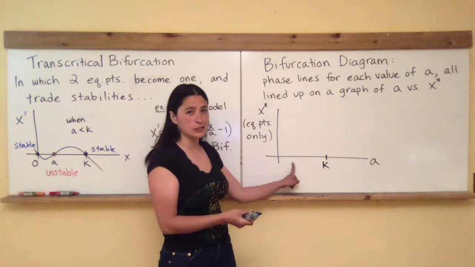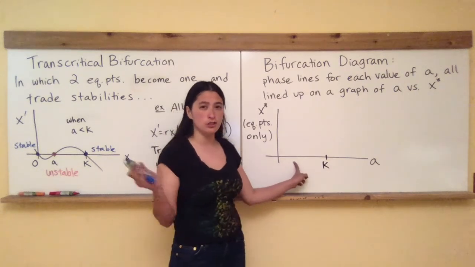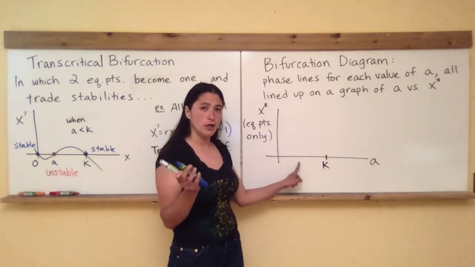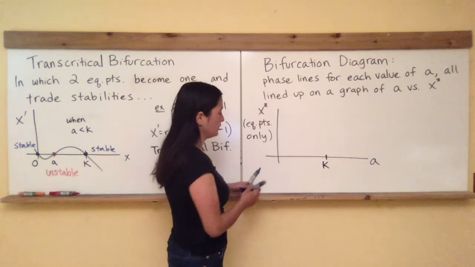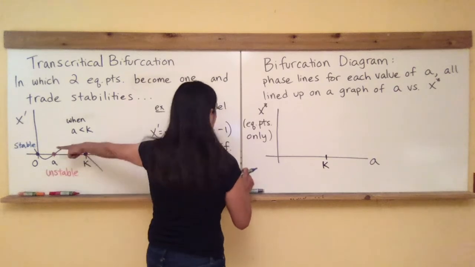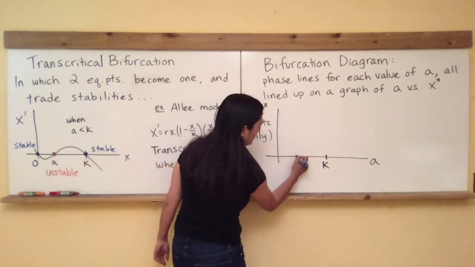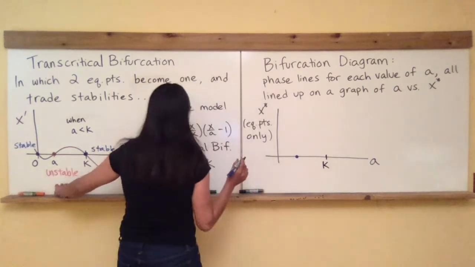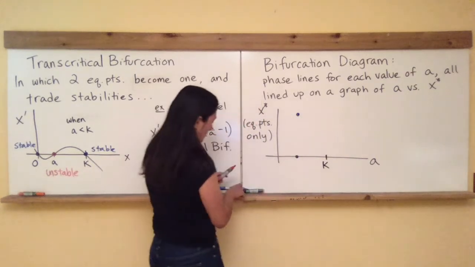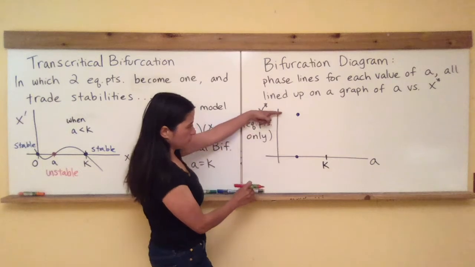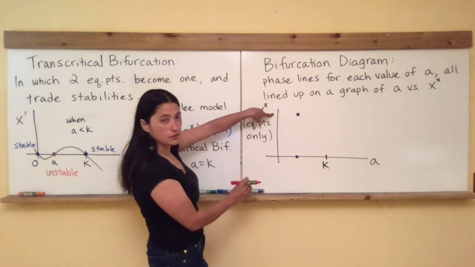A looks like it's significantly less than K, so I'm going to draw the situation from over there right here on the bifurcation diagram, okay? And it looks like we have one fixed point at 0, right? And then we have another stable fixed point up here at K. And remember that that value of K would be up here on the diagram.